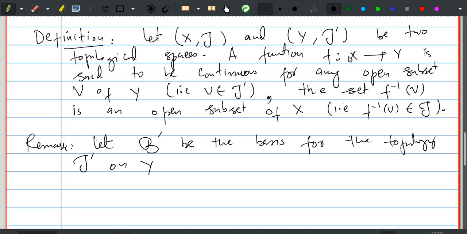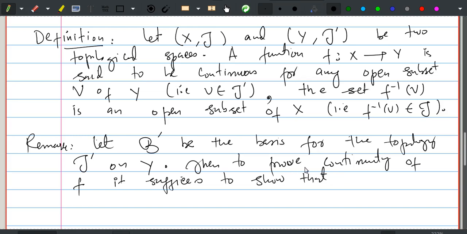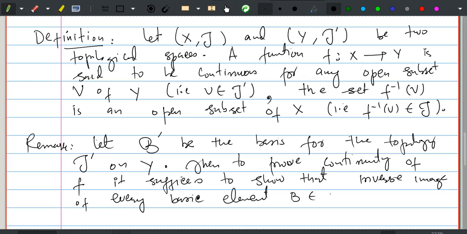Then, to prove continuity of f, it suffices to prove that the inverse image of every basic element B in this B prime is open in X.